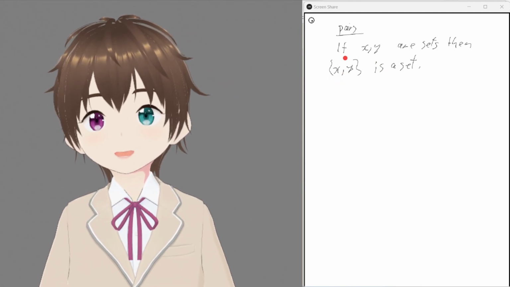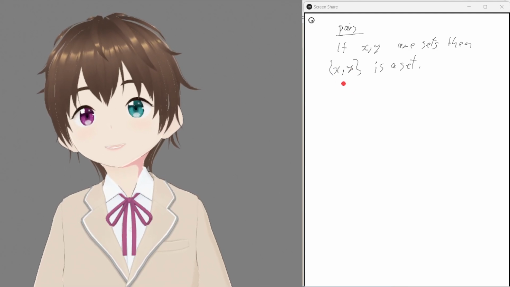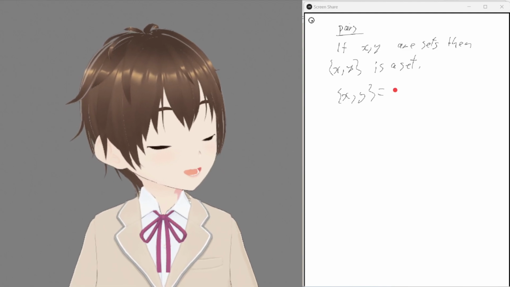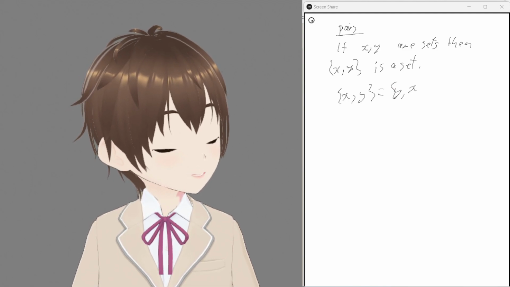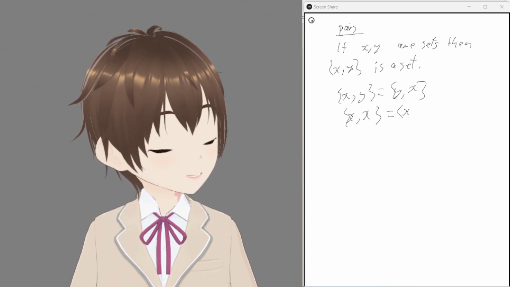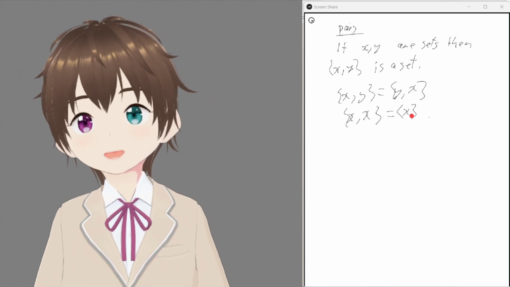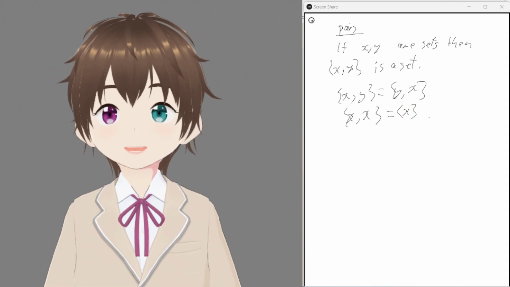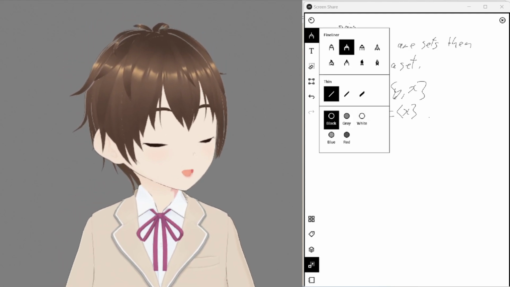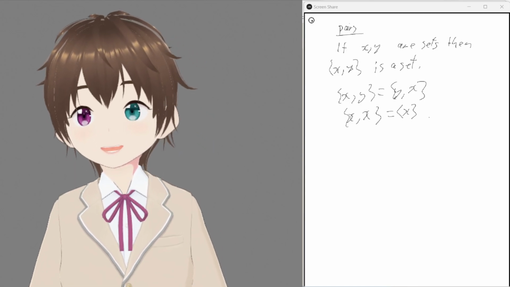So this has the property, which is sometimes inconvenient, which says that {x, y} is equal to {y, x}, and in fact {x, x} is equal to just {x} as a set because these have the same elements. So we want to construct a new object which doesn't do this, so we can remember the order of stuff and whatnot. So how do I do this? Well, all I have is sets.